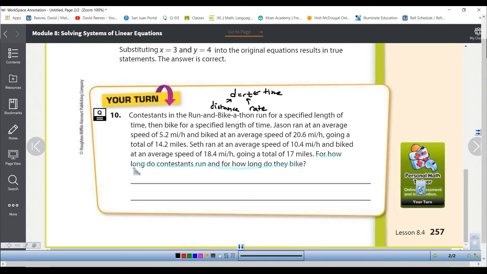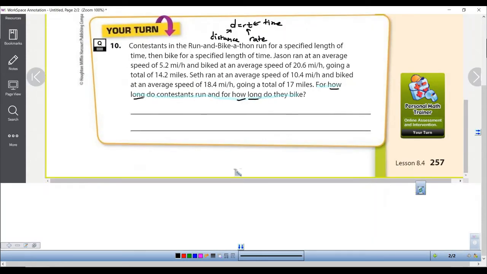All right, so how long do they run and how long do they bike? Those are both what? Those are both times, right? How long is a time? All right, so I'm going to again assign two variables here. I'm going to let R equal the time running, right?